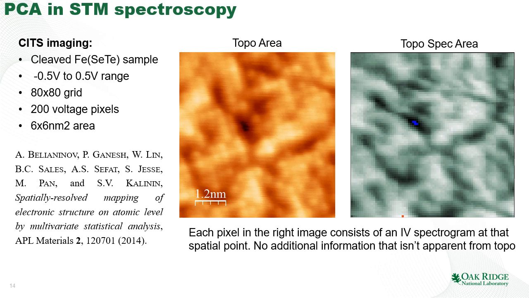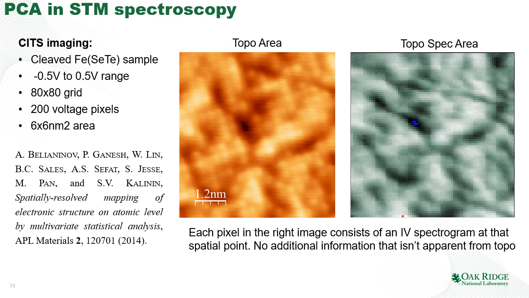We put the tip at each location on this grid and measure the current flowing through the tip at 200 values of voltage, taken in the range from -0.5 to 0.5 volt. If we do that, we instantly get an 80 by 80 spatial grid and 200 voltage values. This is our data cube.